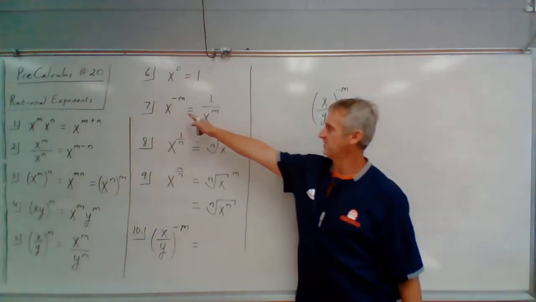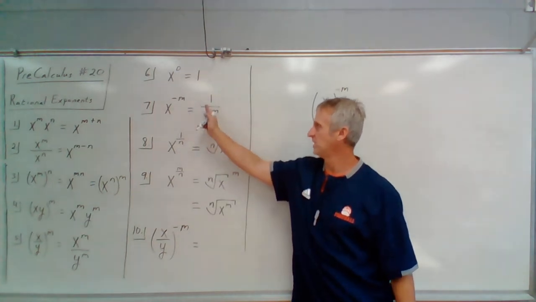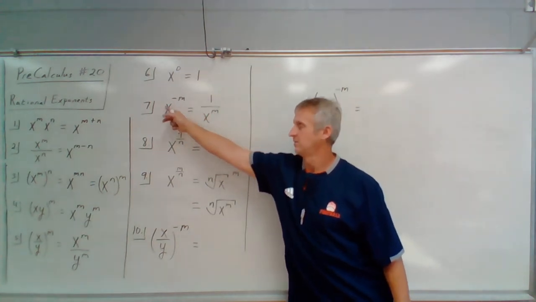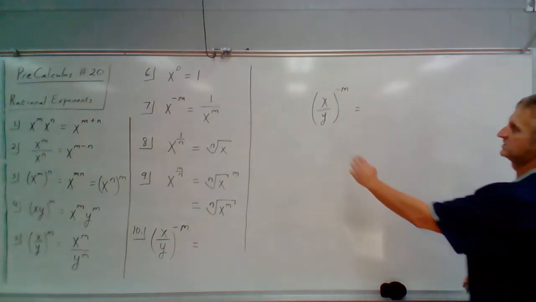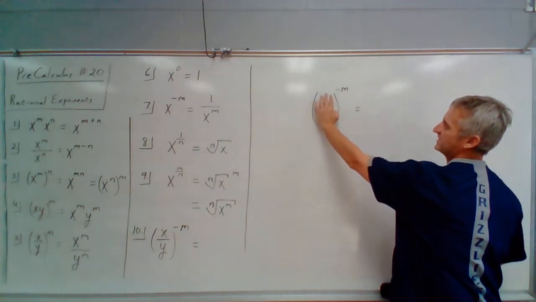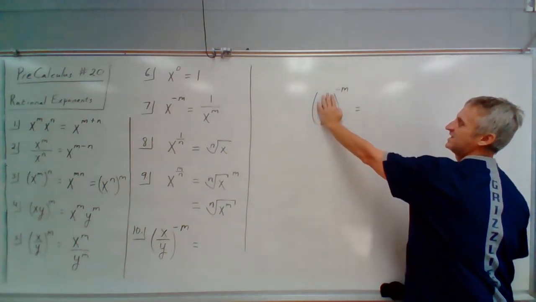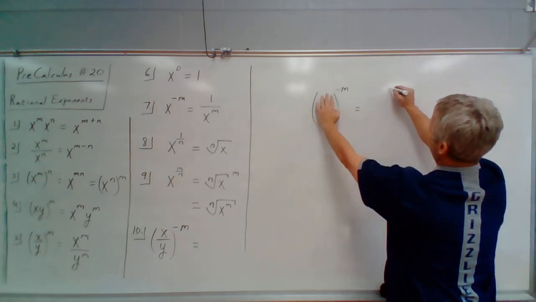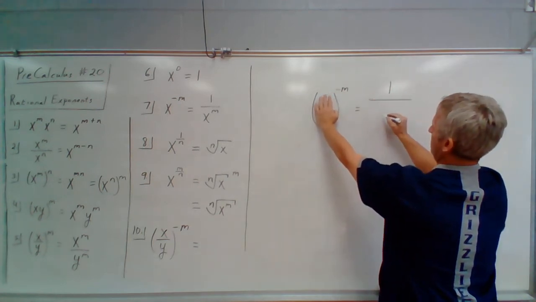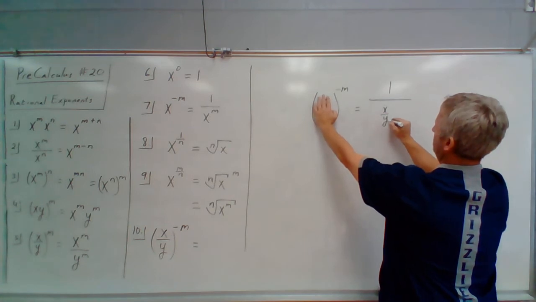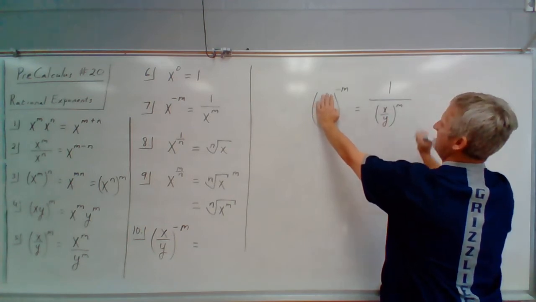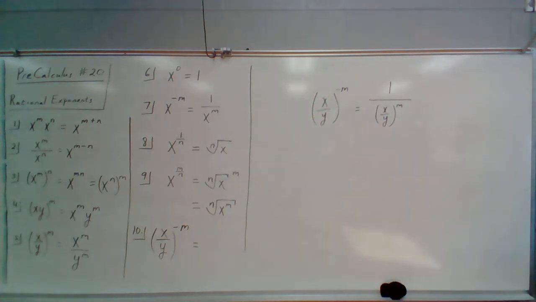Rule number 7 says that that means 1 over that. Consider this all one thing under my hand. So I have my hand raised to the negative m power. That would be 1 over my hand raised to the m power by rule number 7.